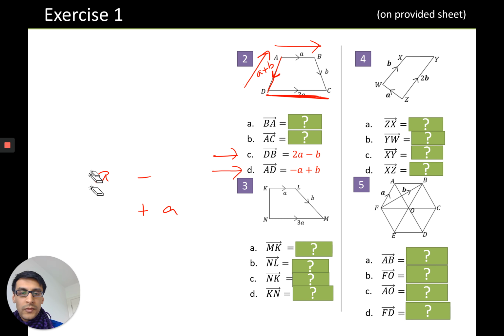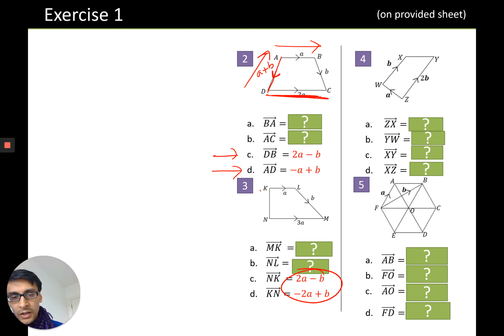Question 3, again, we don't have KN. So to work out KN, we're just going to have to go around that way. To work out NK, you're just going to go this way. But what you also may have noticed in your answers is these two are opposites of each other.